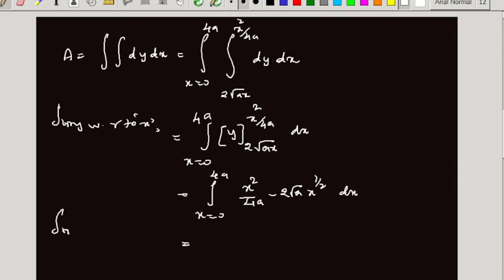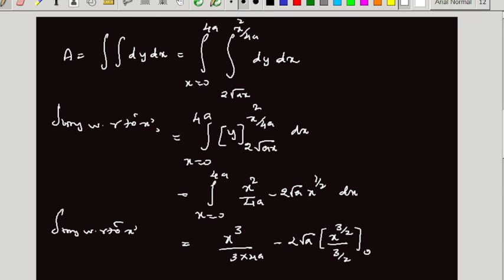Here integrating with respect to x, we can write it as x square is x power 3 divided by 3, here already 4a is there, into 4a, minus 2 root a is constant. Integration of this one is x power 3 by 2 divided by 3 by 2, limit is 0 to 4a for both.